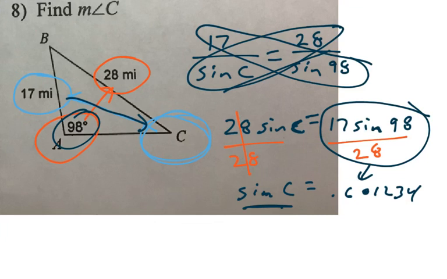And to find angle C here, what I'm going to do is simply do the sine inverse on it, because sine inverse cancels out sine. They're inverse functions after all. So I know angle C is again going to be the sine inverse of that value, right?